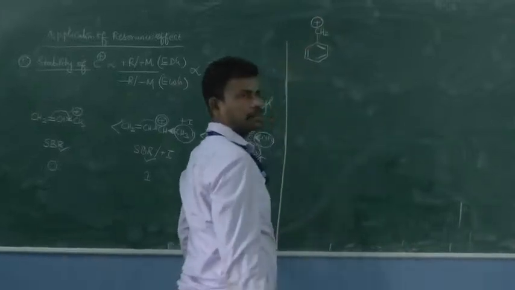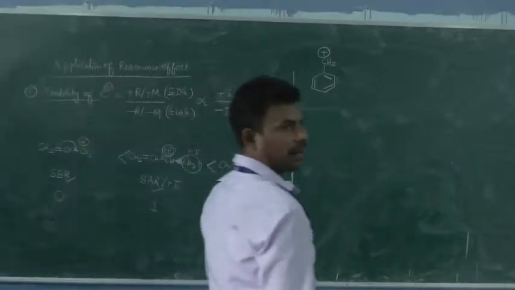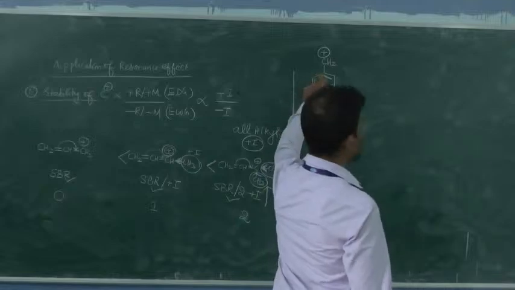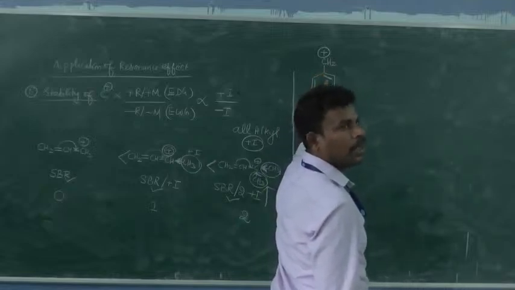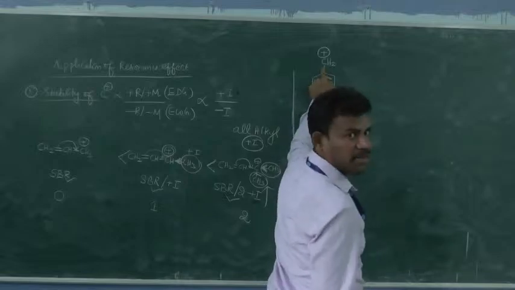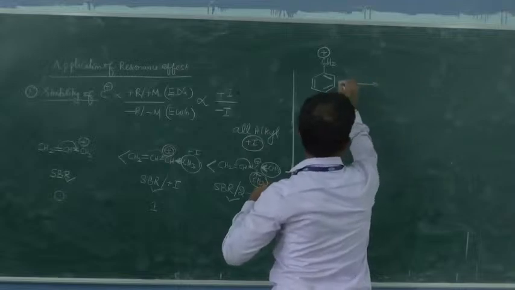The carbocation, is it clear? In the carbocation, can we draw resonance? Yes. How can we draw it? The pi bond moves towards the positive charge. So if we do that, what do we get?